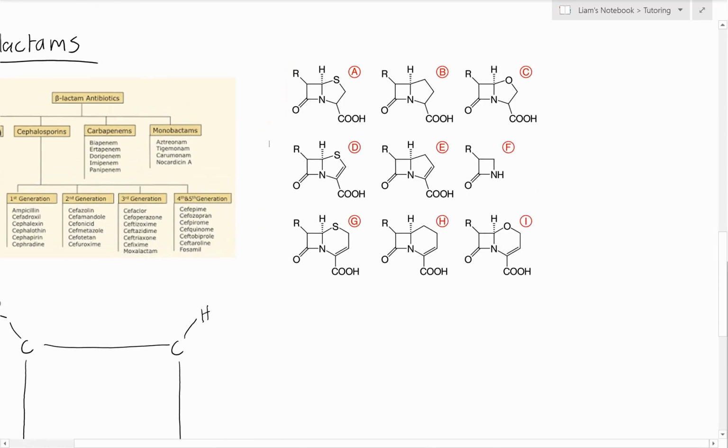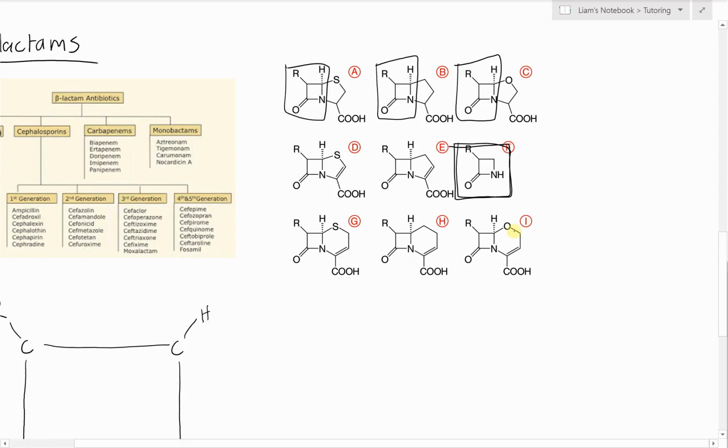Just to give you an idea of some of the structures here, this is what a few of the structures look like. You might be able to see that there are a few characteristics that each of these seem to have, and the most basic unit is this structure here. You can see that all of these compounds have this structure in them, and this is the functional unit, I guess.